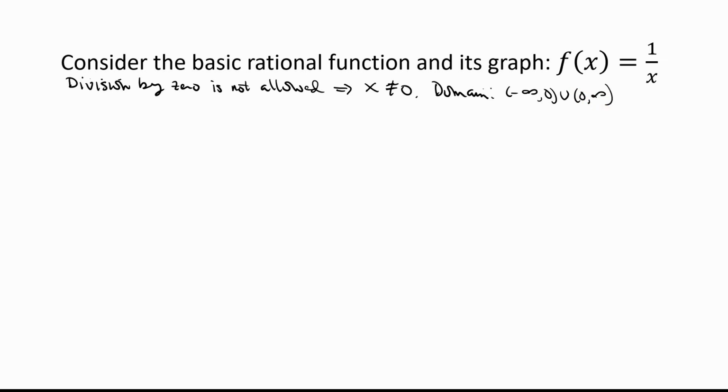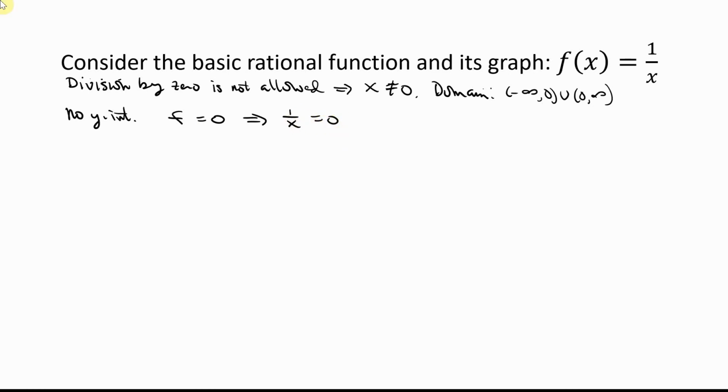Now notice that x cannot equal 0, so that means that we don't have a y-intercept. Remember, the y-intercept is when you set x equal to 0. So no y-intercept. Now if you set the function equal to 0, you set f equal to 0, this implies that you have 1 over x equal to 0.